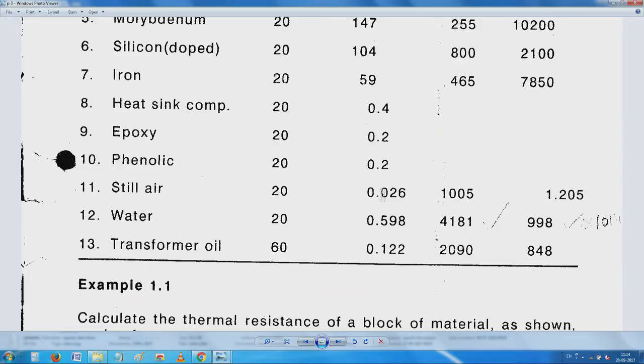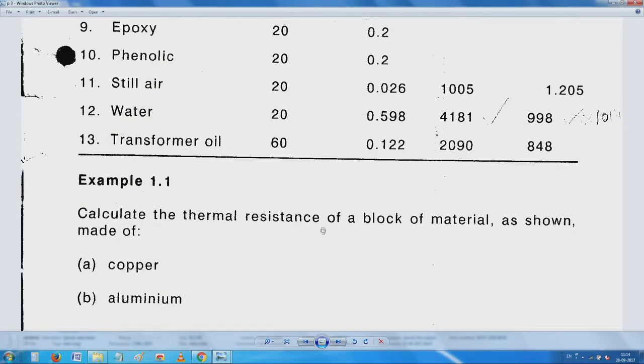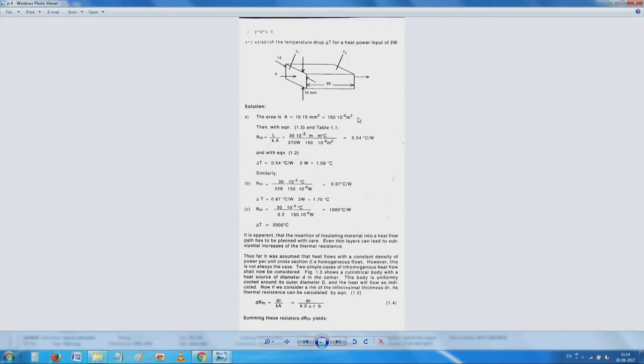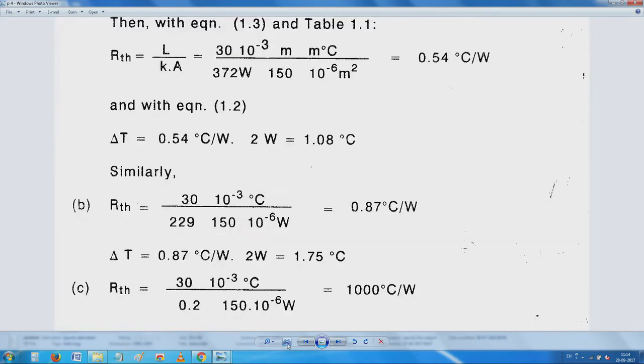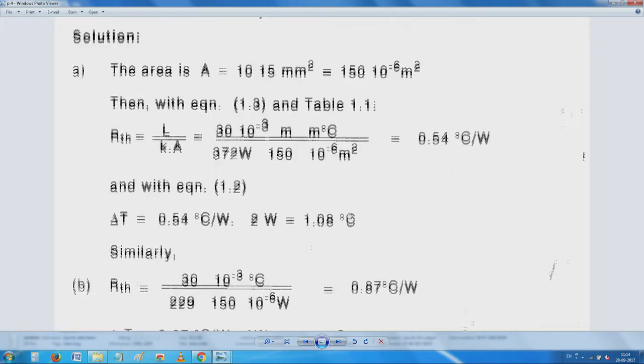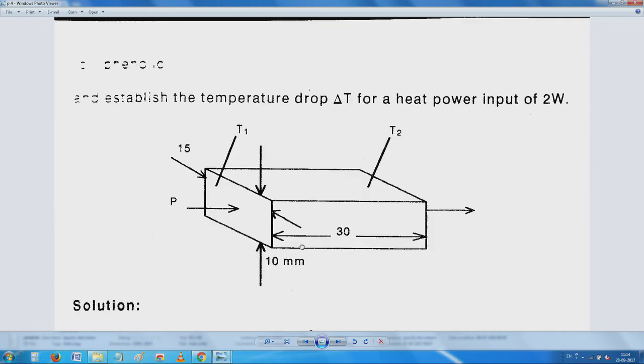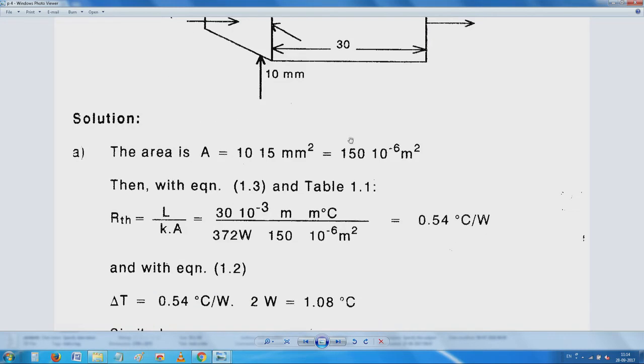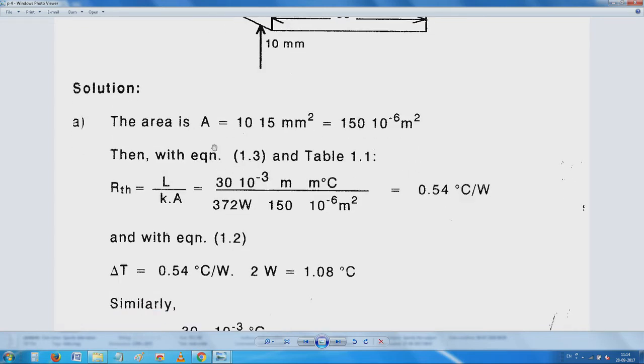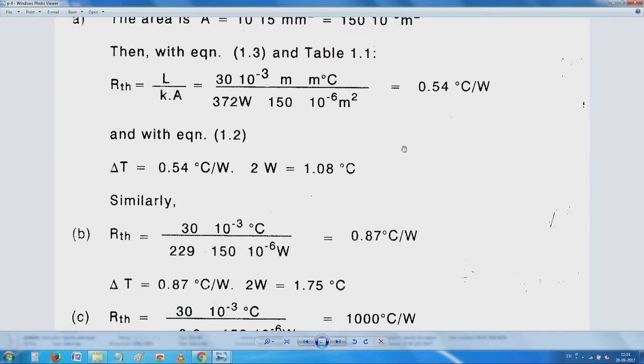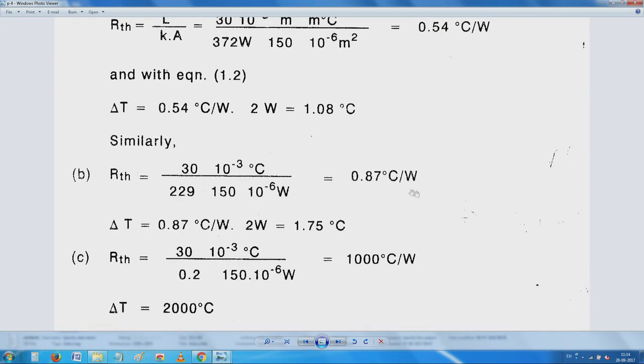Now, coming back, if you go down, you will see that the thermal resistance of a block of material between two things also varies. See here, I will come back to this later, but at this point, if you have a total length of 30 mm, and this thermal resistance, they have given a calculation depending on the material.